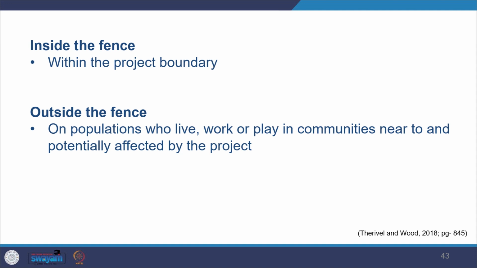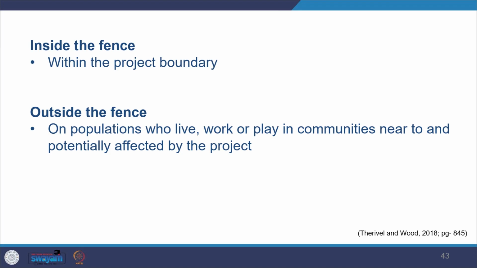But the practical challenge is that sometimes these inside and outside fence boundaries are not very clear in terms of how you will discriminate between them. For example, any interventions which you do for preventing malaria for workers might need a large area to work on.